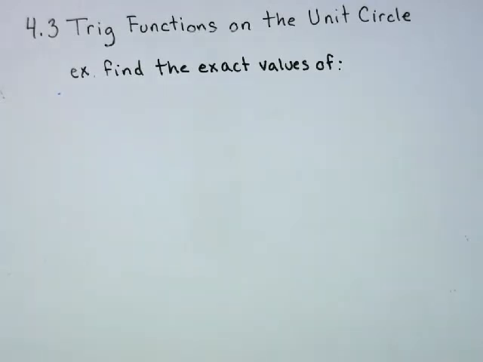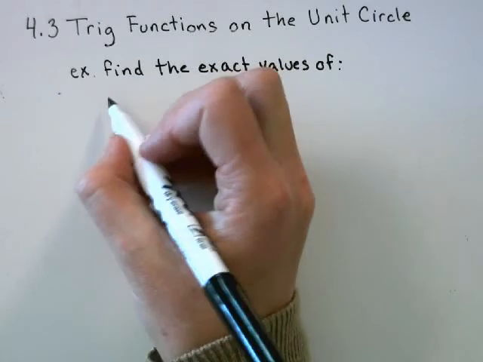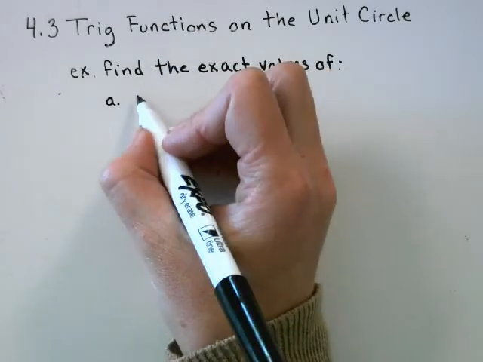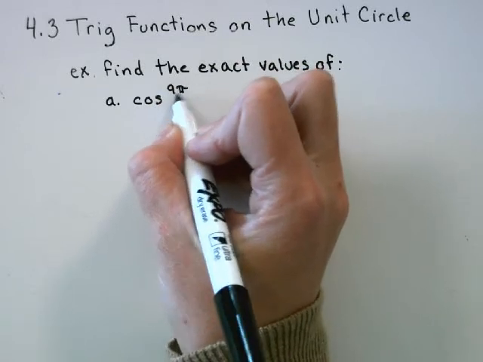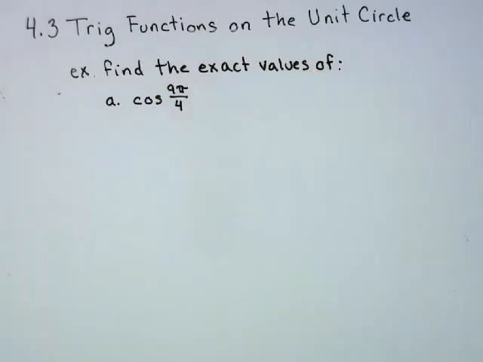Okay, we're going to use the unit circle to find the exact values of some angles that are not on the unit circle. Okay, so cosine of 9 pi over 4. 9 pi over 4 is not on our unit circle. It's bigger than 2 pi, because 2 pi would be 8 pi over 4.